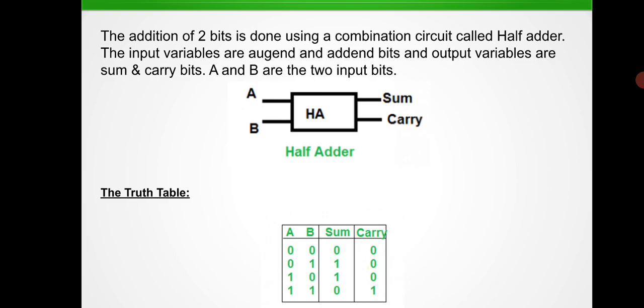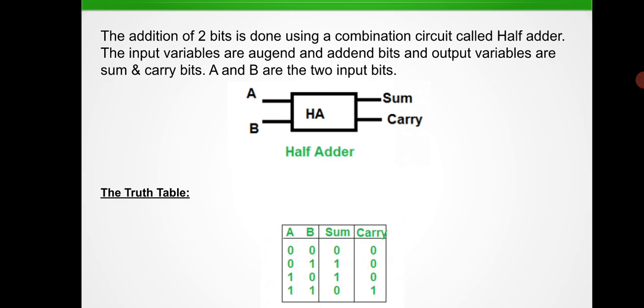Now augend and addend are nothing but 2 bits which are being fed to a particular combinational circuit. That is the meaning. So these are A and B, the 2 input bits. Now these 2 input bits are given to a combinational circuit, and ultimately you are expecting a sum as well as carry.